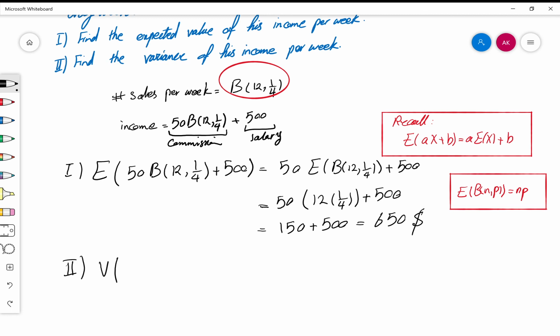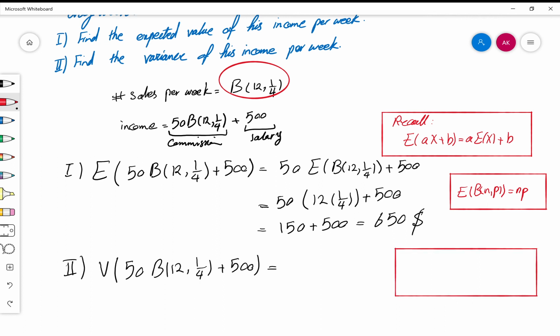Well, how about the variance? So variance of income is the variance of 50 B(12, 1/4) plus 500. What you should remember is that the variance is a little bit strange with the linear things. Variance of aX plus b.